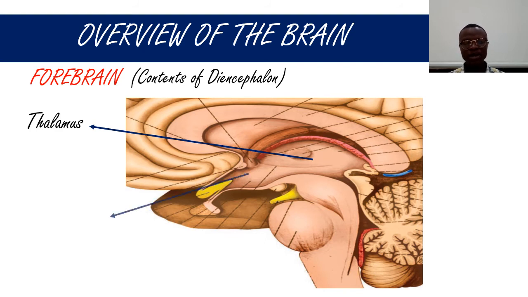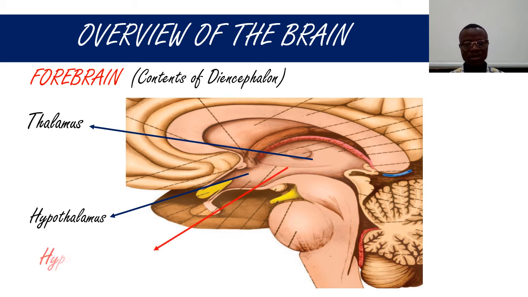More inferiorly, the area below the thalamus here is called the hypothalamus. The thalamus and hypothalamus are divided by this sulcus. So what is this called?